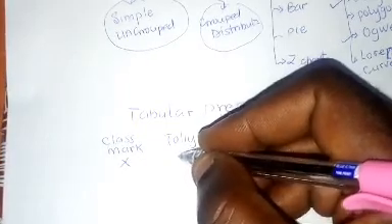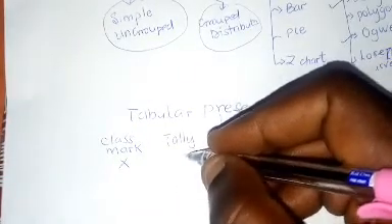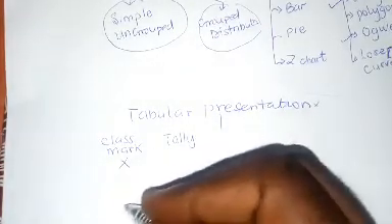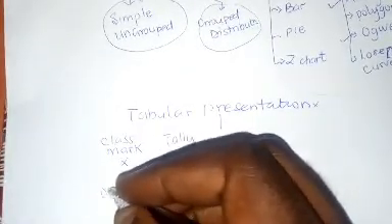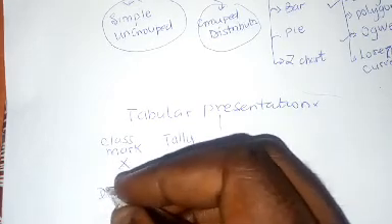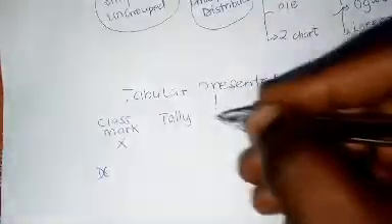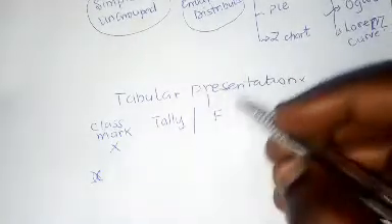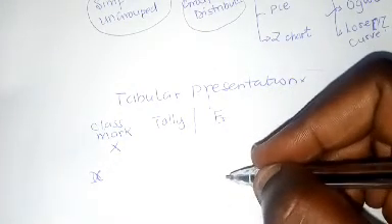Okay, by stroke. All right, so when we talk of tally, let's say these are the values of X. Before we go into tally, let's talk about frequency. Frequency is the number of times an observation occurs.